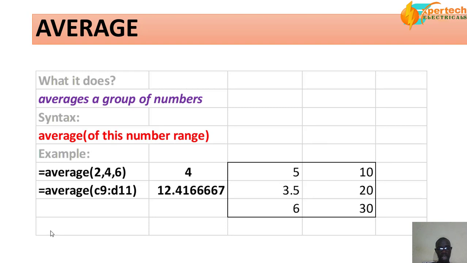For example, you can average 2, 4, 6. Then if you average that, you get 4. Or you can put average of data that is between C9 and D11, of which if you do that, you are again going to get the value.